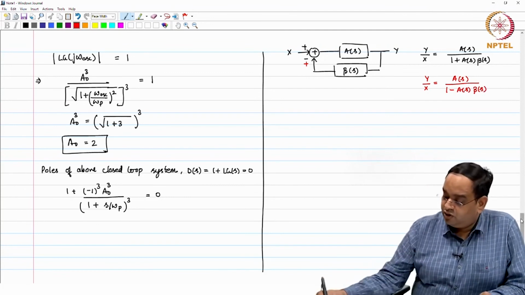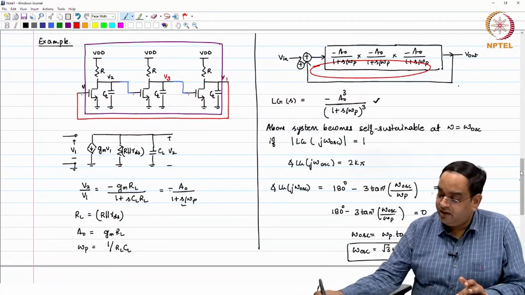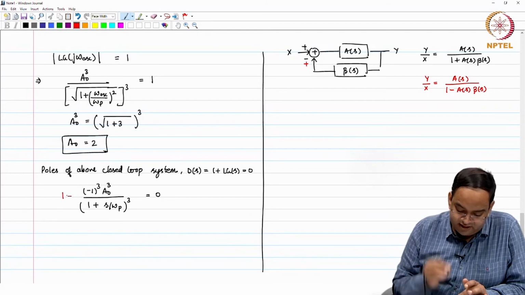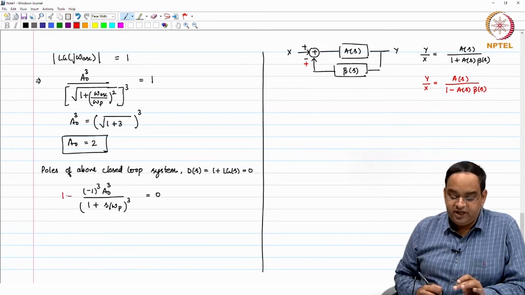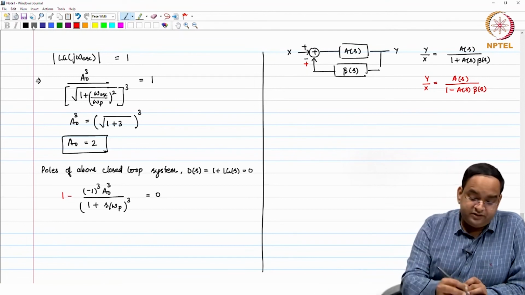Okay. So, looking at our oscillator the way we are combining, it is going to be here 1 minus minus 1 cube times A naught cube. Okay. We need to find the poles for this.